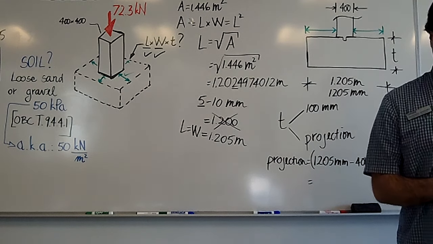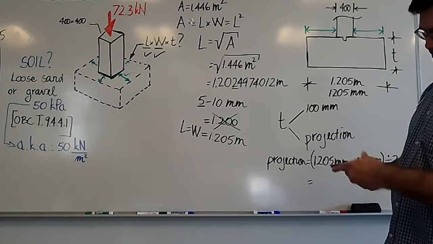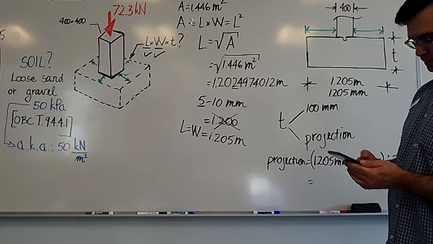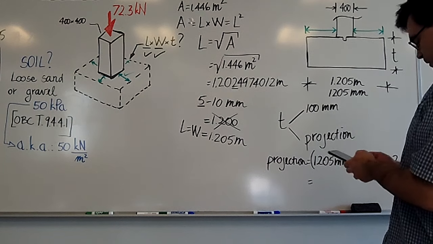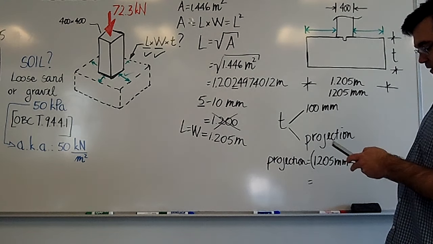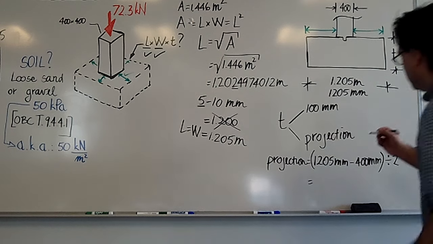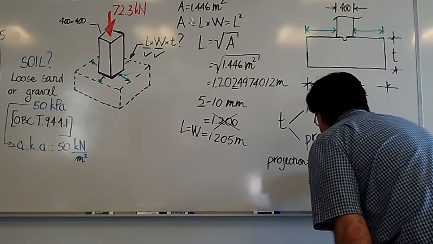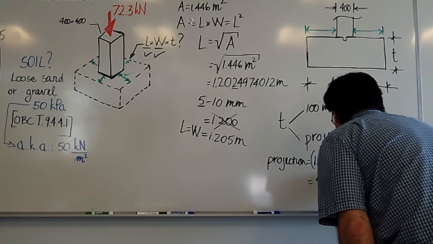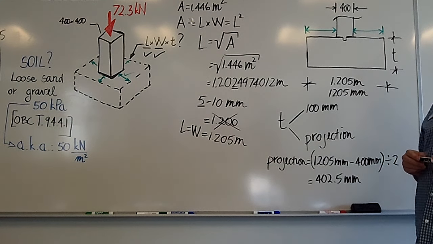I'll do it in real time with you. 1205 minus 400, and then divide that by 2. Okay. I get 402.5 millimeters. That's the thickness.